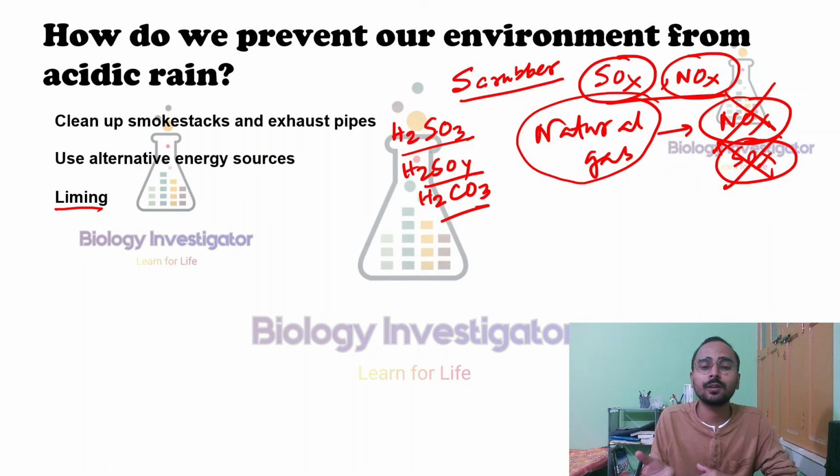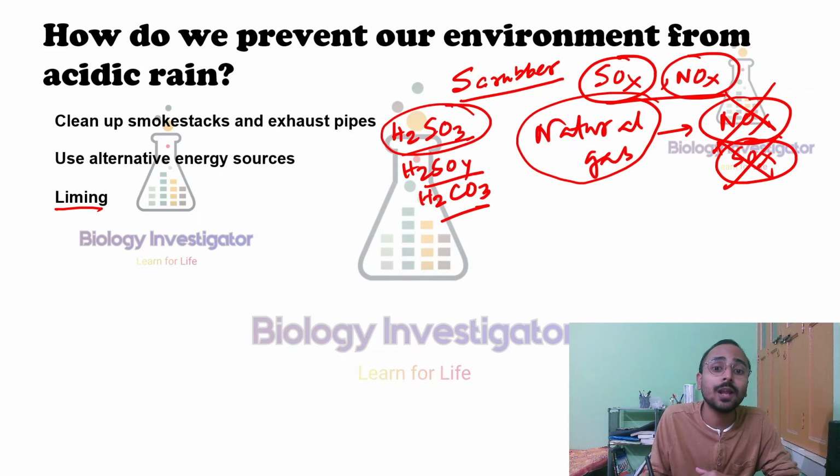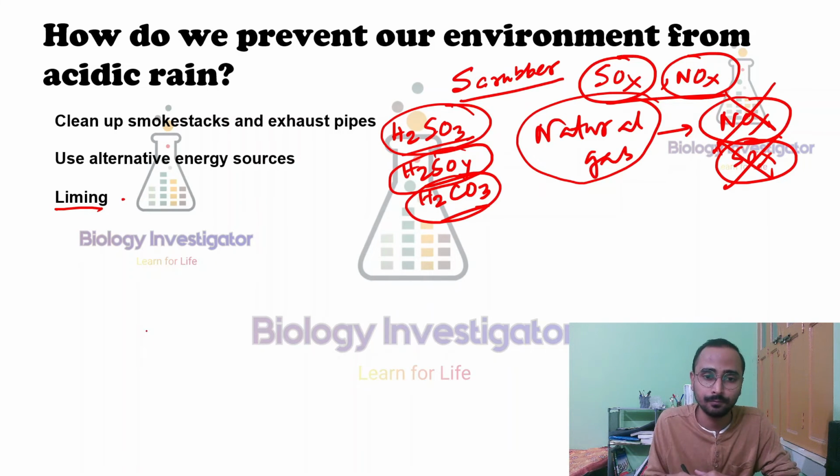We can remove and neutralize this acid with the help of lime. So if we add more and more lime, lime salt, etc., in water bodies, they will neutralize these acids.